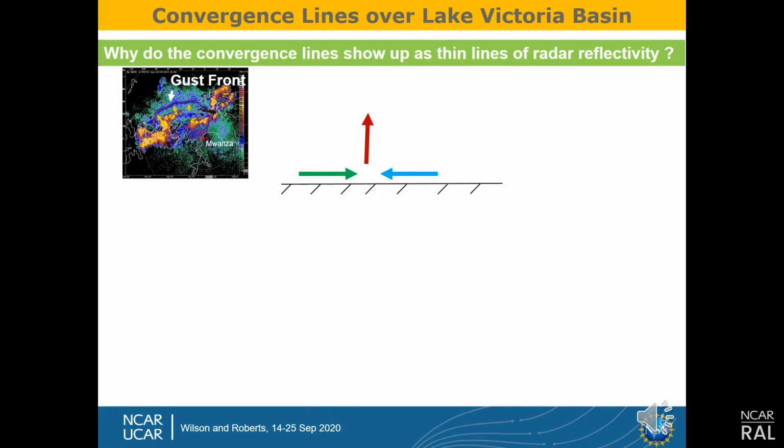Now, before we look at other convergence lines, we should ask ourselves the question, why? Why are these thin lines showing up out in the clear air? Let's examine that. Here we have the lake surface, and here we have two converging wind flows, and of course there'll be the resulting updraft.